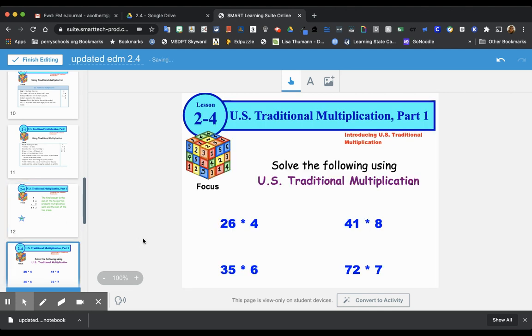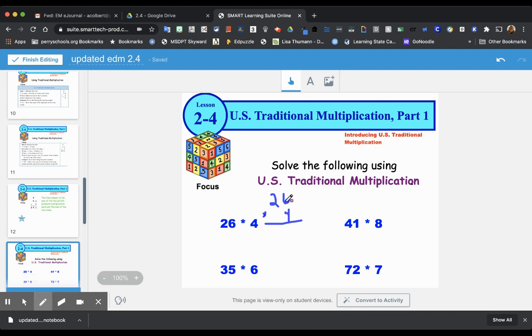So we're going to do some more practice using U.S. traditional. We're only going to do a couple of these today. So I'm going to start off with looking at 26 times 4. So I'm going to rewrite this vertically. I'm going to do 26 times 4. And I'm going to start in my ones.